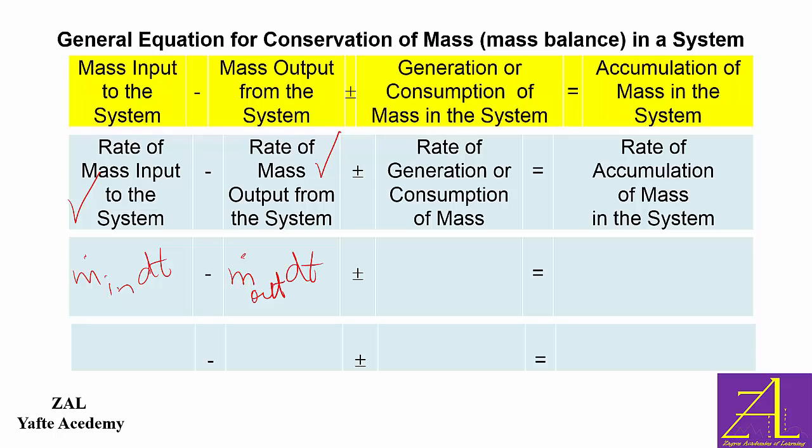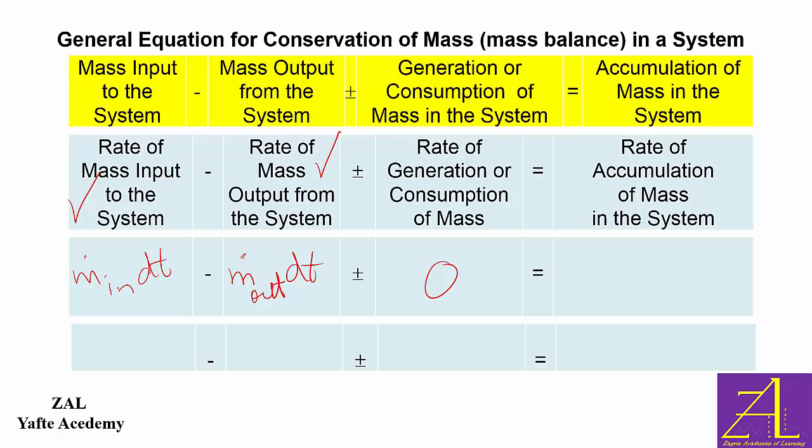And as we said before, if the balance is on total mass, the generation or consumption is always 0. And if we consider a non-reactive system, the generation or consumption term even for a component will be 0 as well. Let's write that 0 here.